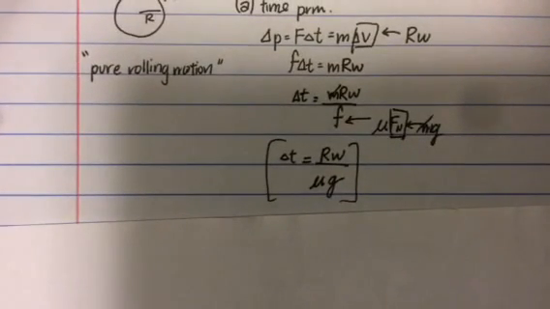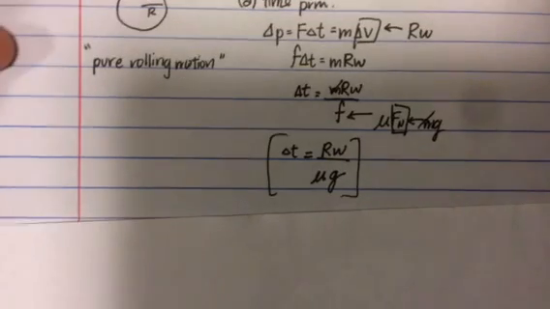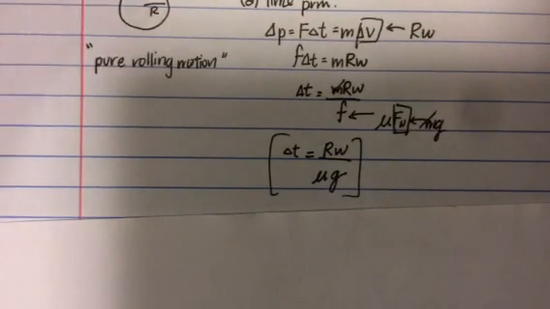Alright, part B asks us to find the distance traveled until we reach pure rolling motion. So we're going to use the conservation of angular momentum to figure out omega, which is angular velocity, and then we're going to use work to find the distance.